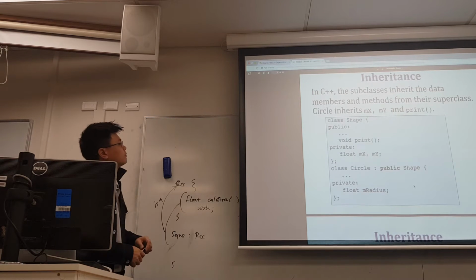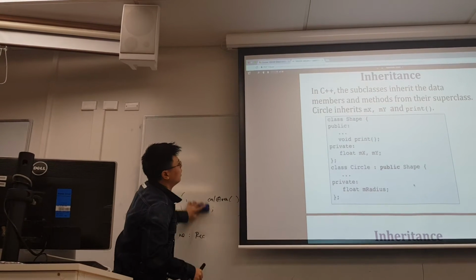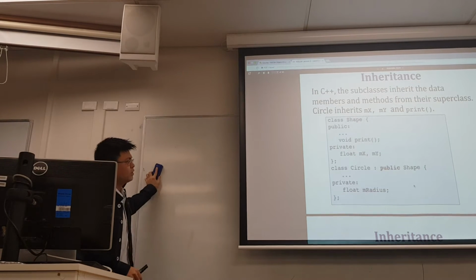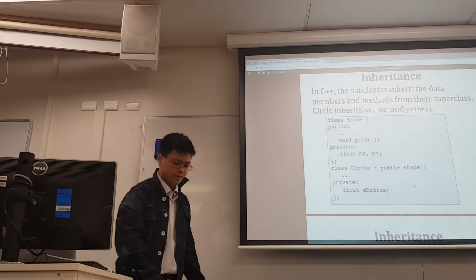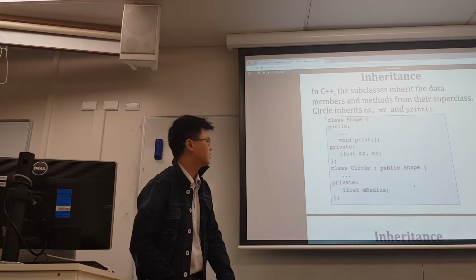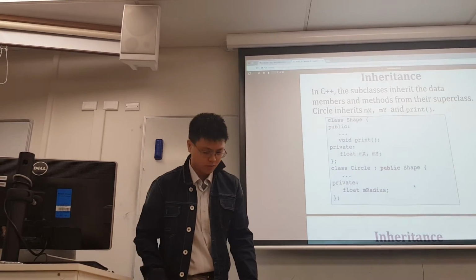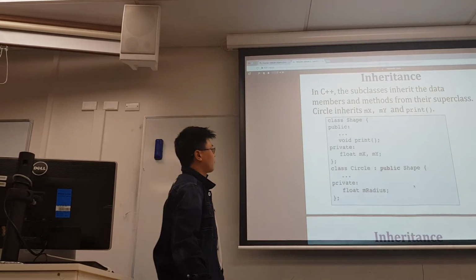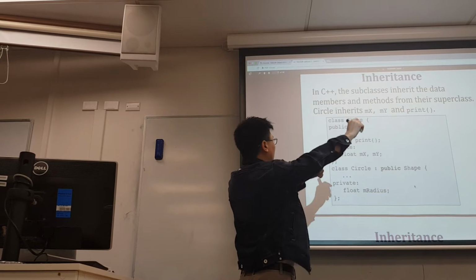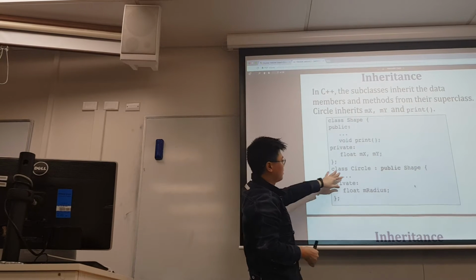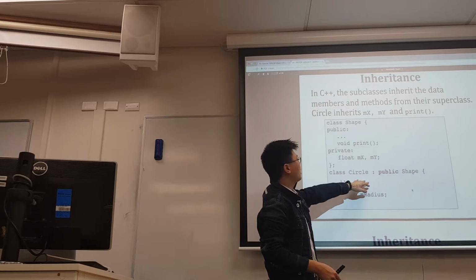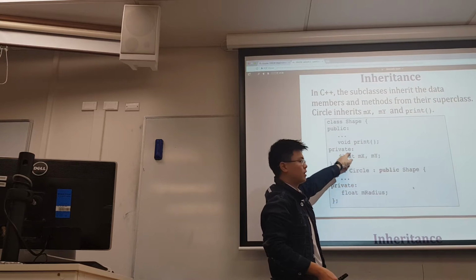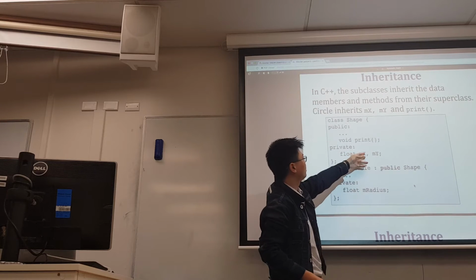Right. Now, when you inherit a class, then you will automatically have access to all the variables and functions declared in the class, given that you have the correct identifier. So in this case, circle inherits from shape, and shape has, this is probably the center of the shape. The circle will inherit these automatically.